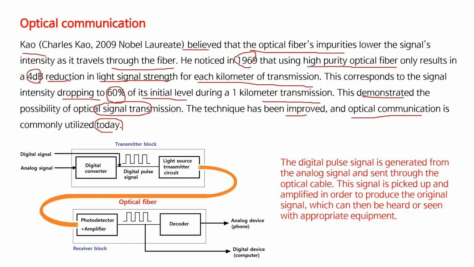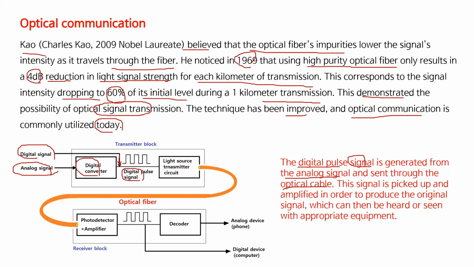This figure shows the schematic diagram of optical communication. The digital pulse signal is generated from the analog signal and sent through the optical cable. So a digital signal is directly sent to here, but if the signal is analog, then this analog signal is converted into a digital pulse signal using a digital converter.